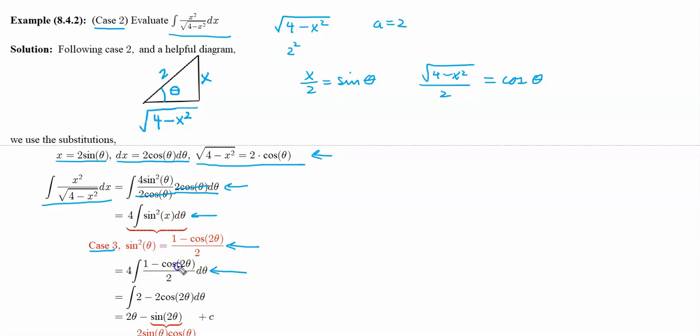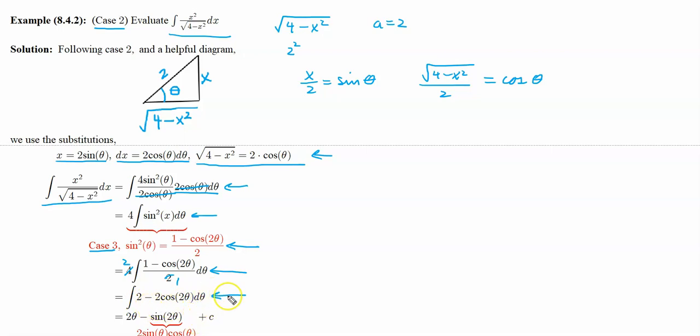And now you just have to break this integral up and evaluate it. First notice that 4 and 2 of course cancel to give us just a 2 out here. And then just distribute the 2 inside and you obtain this integral right here. So we need to evaluate the integral of 2 minus 2 cosine of 2 theta d theta.